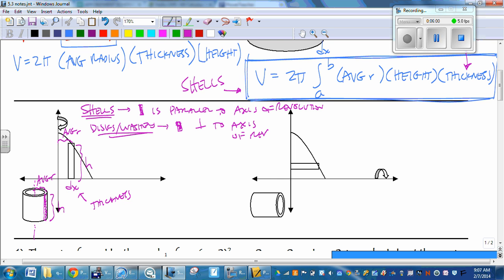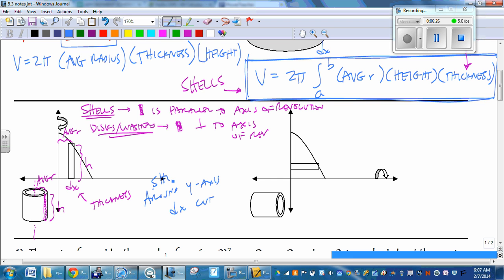Another thing that's different between shells and washers, and it comes down to what we talked about up here, is that for a shell, if we go around the y-axis, we get a dx cut. But with discs and washers, if we went around the y-axis, it would be a dy cut. So that's opposite.